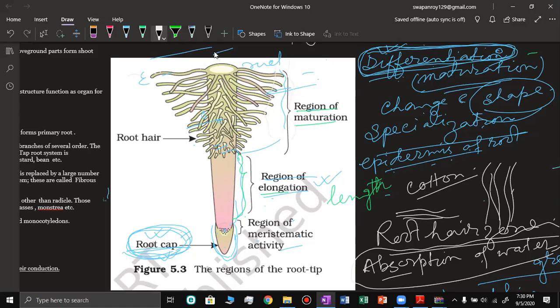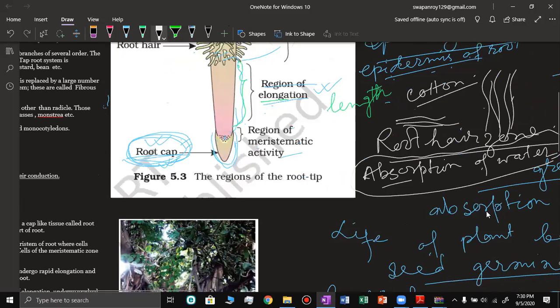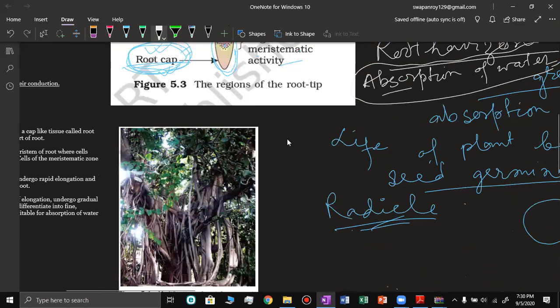And beyond the root hair zone, it is the mature portion of the root. Okay. Now let us come to this.